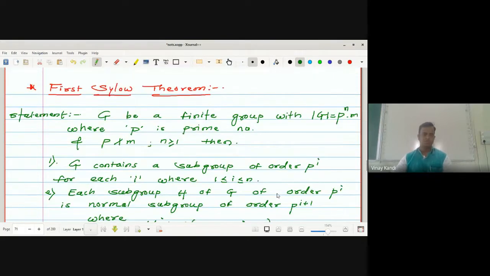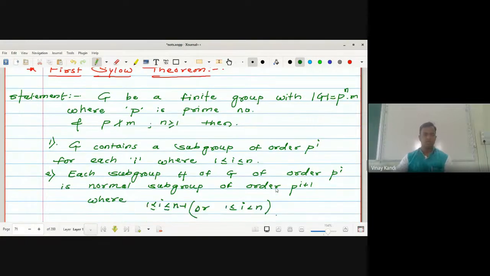Look at this statement once again. Let G be a finite group with order of G equal to p raised to n into m, where p is a prime number and p does not divide m. That means the GCD of p and m is 1; we cannot take the factor p from m. And n is greater than or equal to 1.